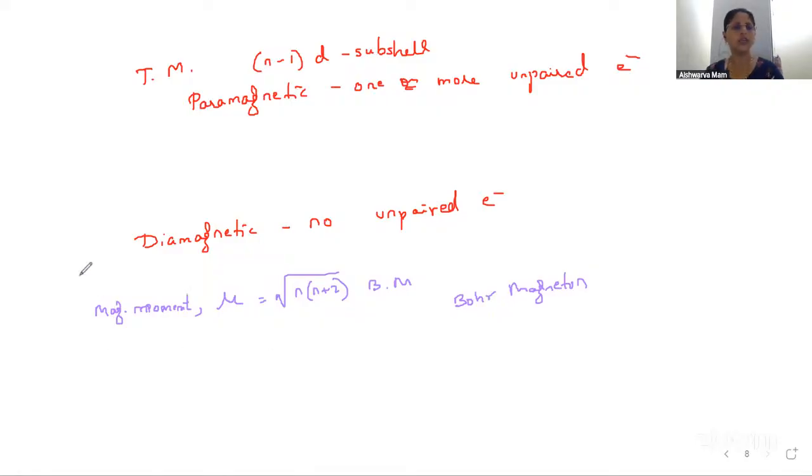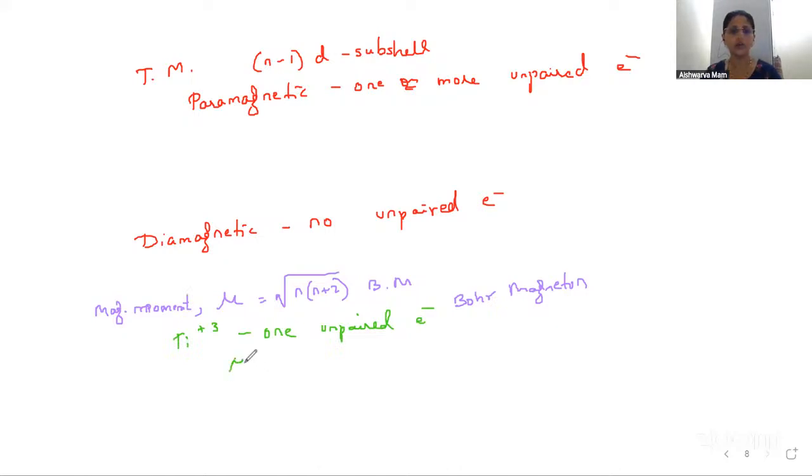Let me take one example. Titanium plus 3 has how many unpaired electrons? It contains only one unpaired electron, because the 2 electrons of 4s go and 1 electron of 3d2 goes. So plus 3 will have only one unpaired electron.